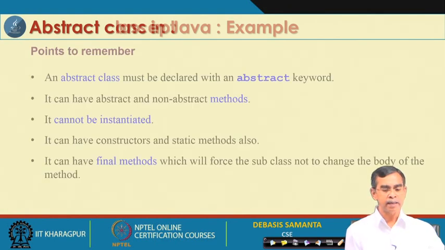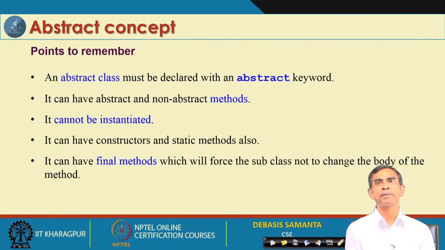So, it has certain properties. An abstract class is declared by means of a specifier called abstract, and it can have both abstract methods and non-abstract methods. All the methods that we have discussed so far are non-abstract. If a method is prefixed with the abstract keyword, then it is called an abstract method. It cannot be instantiated, which means that no object can be created for an abstract class. It can have a final method.